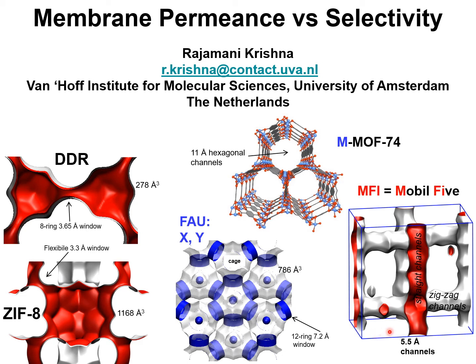use MFI zeolite. MFI stands for Mobil 5, and the channel dimension is 5.5 angstrom, and this is a straight channel and it intersects the zigzag channel. These are the intersection sites.